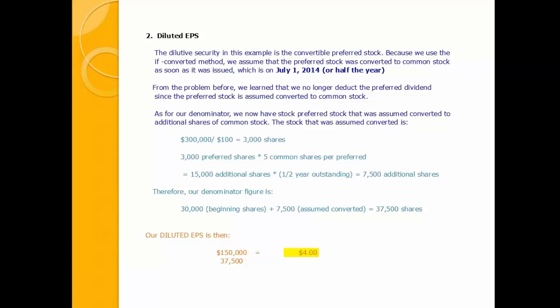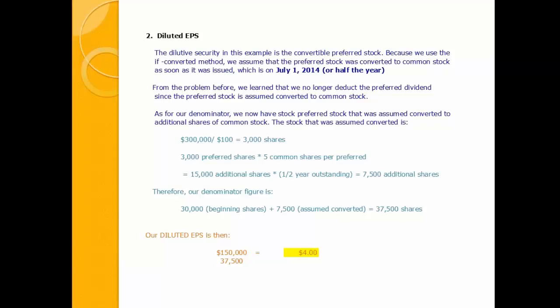We're taking away the preferred stock dividend because the assumption when we're looking at earnings per share is that they become a part of the earnings that are due to common shareholders. Well, what's due to common stock shareholders? The net income minus any preferred dividends.